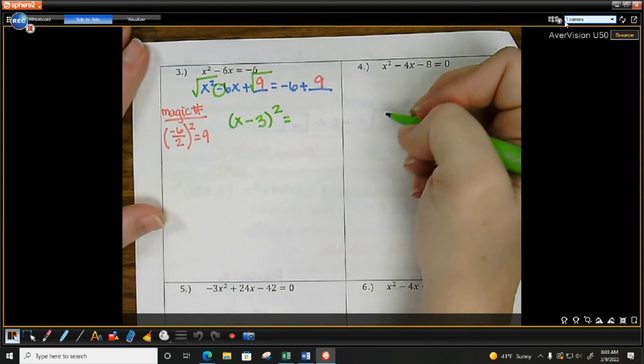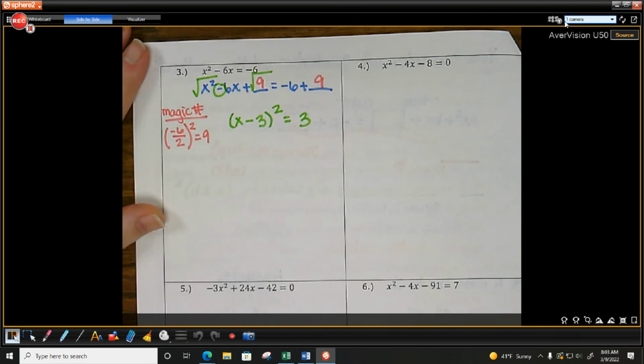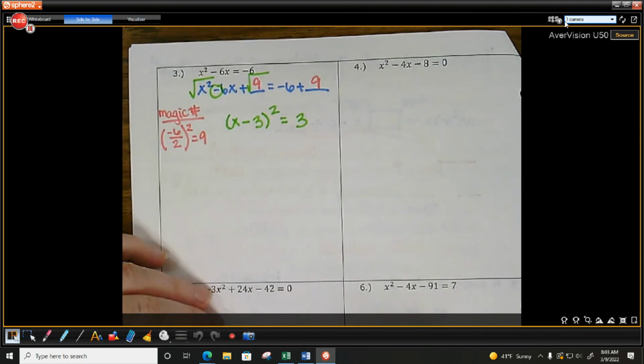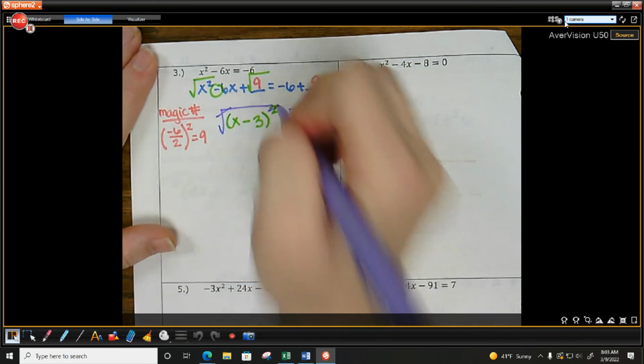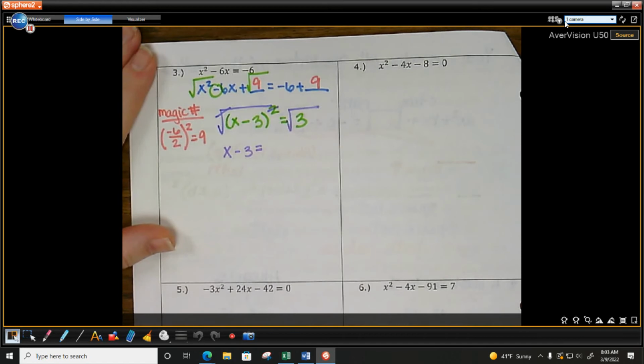How do we undo the square? Square root both sides. What color did I use for that? Purple. So the square and the square root undo each other, and I have x minus 3 equals the square root of 3. Great job.